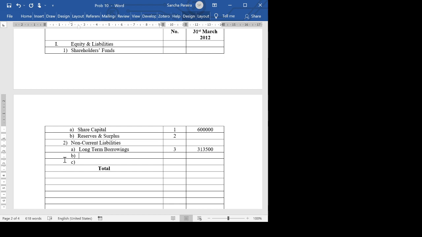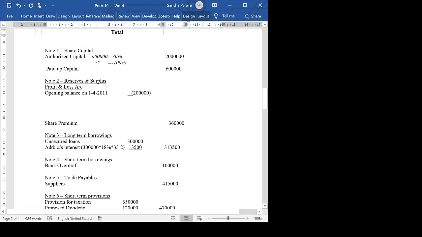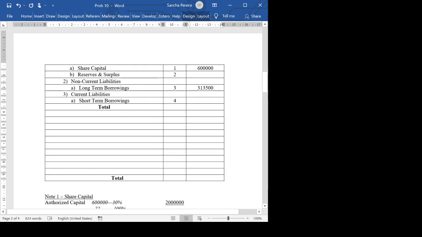So I'm going to go directly to the third one, which is current liabilities. Under current liabilities, long-term becomes short-term borrowings. That is note 4, short-term borrowings of 1 lakh.